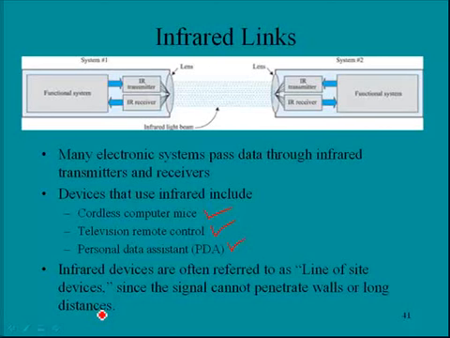Or if there's a glass or something in your way, the TV won't respond. And that's because these are what are referred to as line of sight devices, typically short range. Though your text doesn't mention it, infrared devices usually are operating up in the terahertz frequency range.